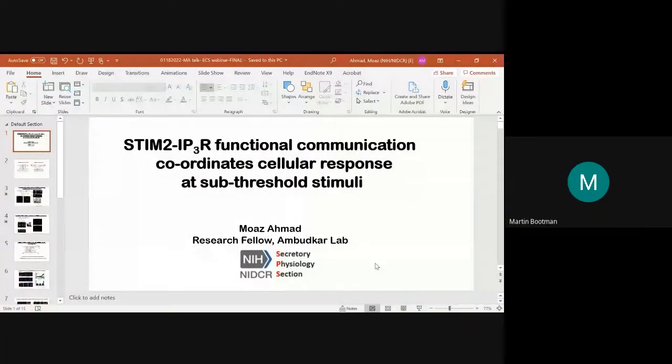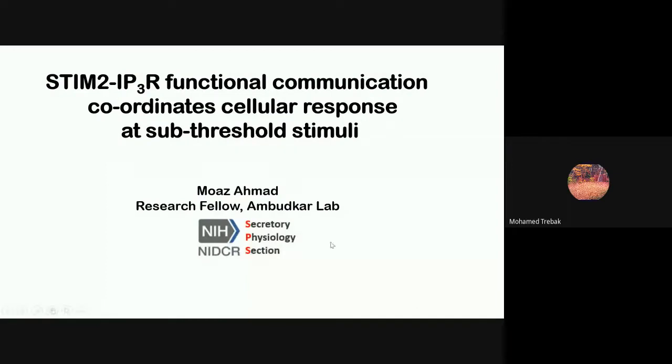My PowerPoint is open, but it is not showing in the tab. You should first close the PowerPoint if it is open, then you can share. You mean don't go into presenter mode? Just first keep it in the normal mode. Just open your file. You remember how you did it yesterday? Yes, I got it. Can you see now? It's coming up. Yes. Okay, now you can go full screen. Excellent. So it's visible now, right? Yes. Okay, thank you.